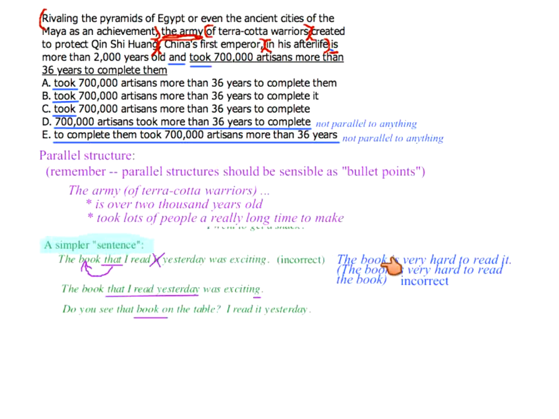You already have the book, so this is a construction that doesn't make any sense the way it's written. It's similar to this, except you don't have the problem with that. You just have the problem with this thing as the subject and then having it again here. So the way that you would fix that is the book is very hard to read, or the book is very hard for me to read. This is a sentence that actually makes sense.